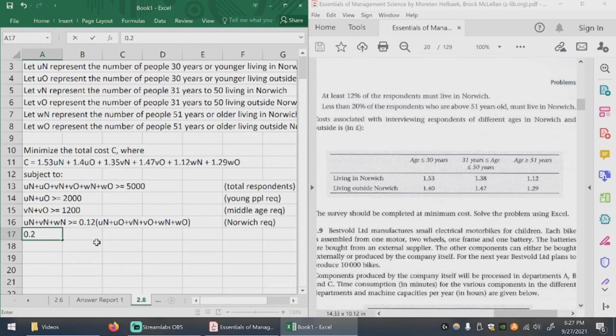Not to discriminate, but they made the age groups. I'm just trying to say it in an efficient way. 20% of the old group. Well, who's old here? The W's are old. So that represents 20% of the old group. Must live in Norwich.